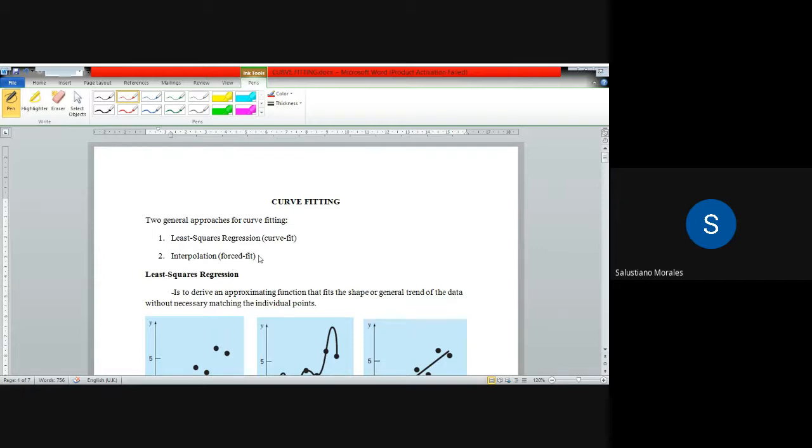So we go with the first one, the least squares regression. This one is to derive an approximating function that fits the shape or general trend of the data without necessarily matching or passing through the individual points.